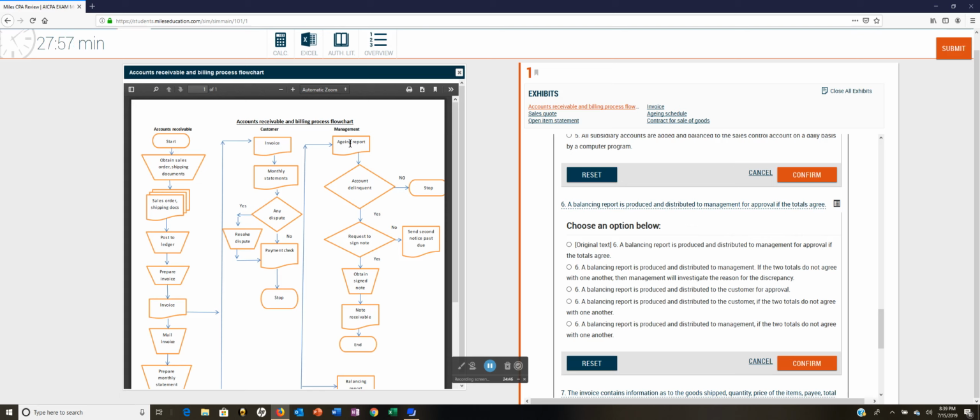So let's see what our options are. Again, the line item that our staff made for us is a balancing report is produced and distributed to management for approval if the totals agree.